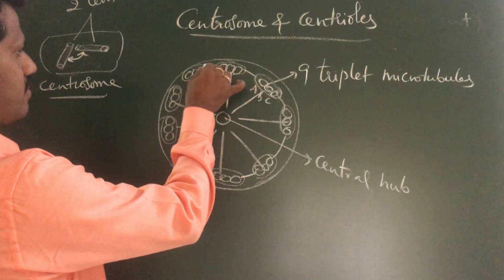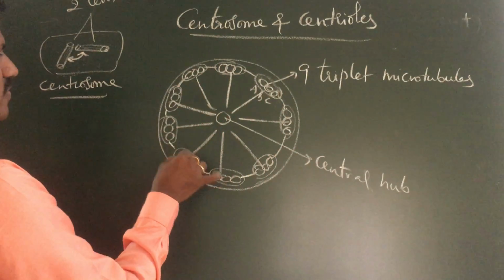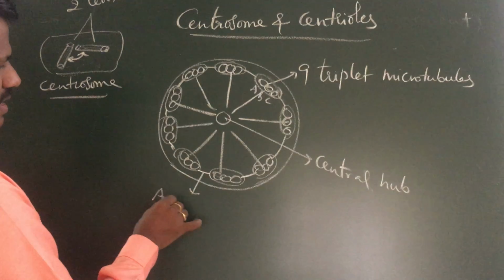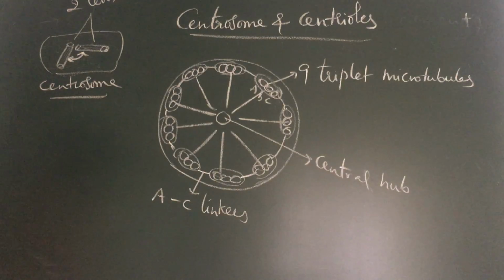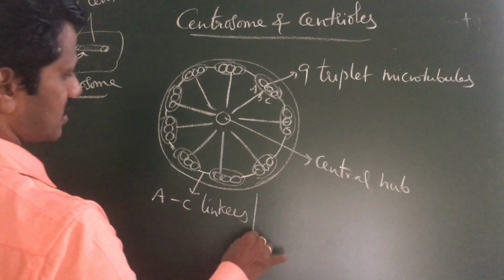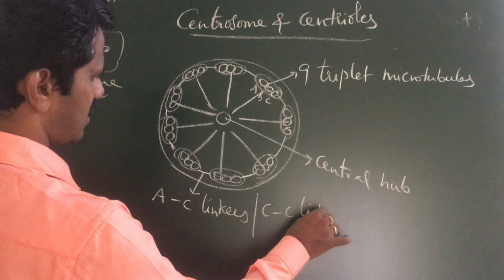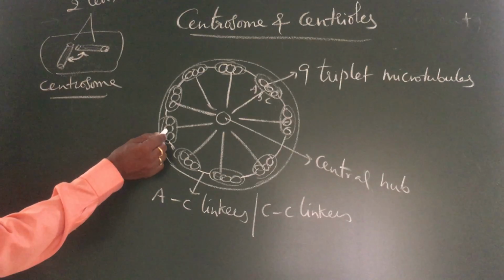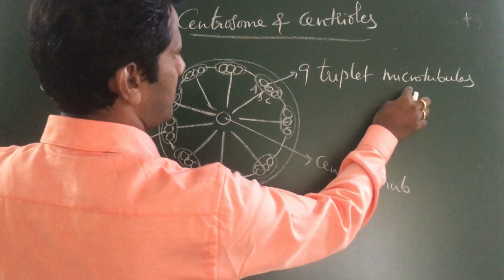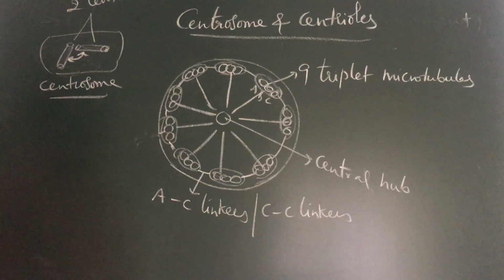The structure is the same, but there they were called AB linkers, and here they are called AC linkers, or sometimes CC linkers, linking C to C or A to C. So these are nine peripheral microtubules, which are triplets.